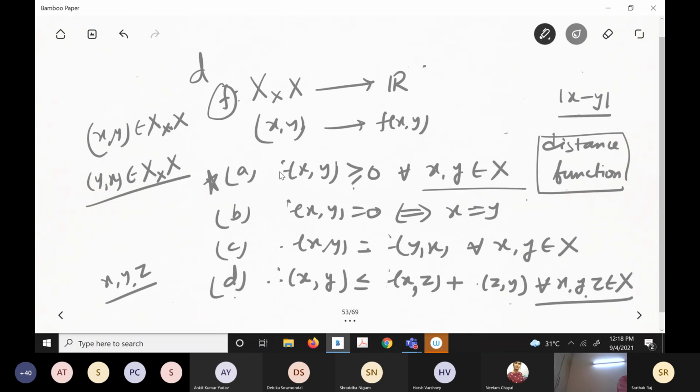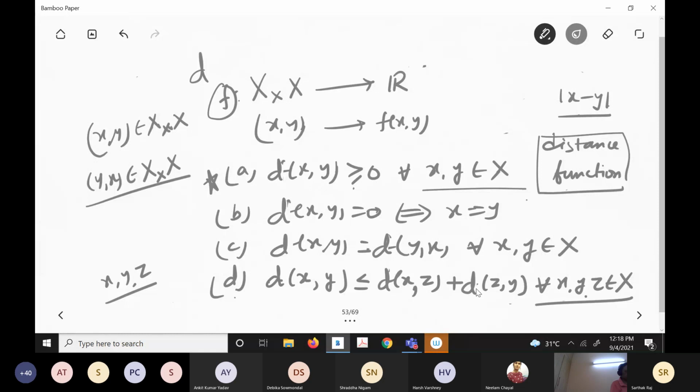Now in place of f, we are putting d. That means the distance between 2 points is always non-negative. The distance between 2 points will be 0 if and only if they collapse, they are the same points, x and y. And the distance between x and y is the same as the distance between y and x. And this is the triangle inequality.